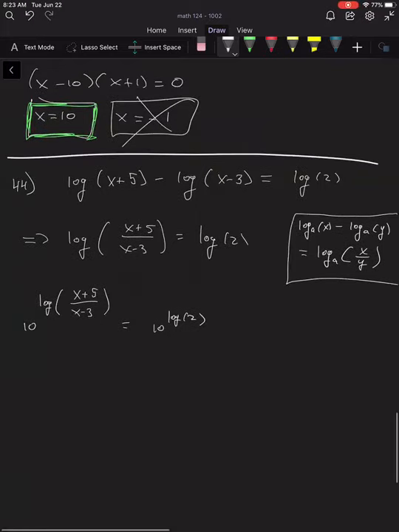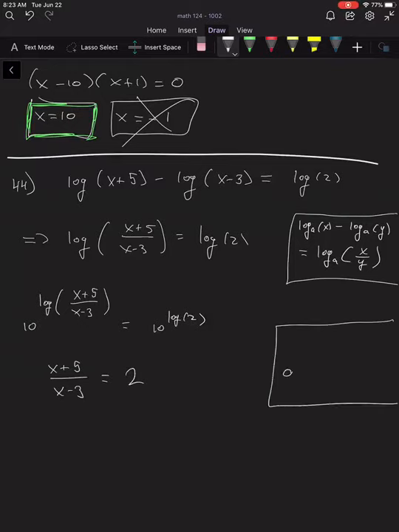Remember, these are log base 10s, which we don't need to write the base 10 because that's assumed when we don't write the base. On the left-hand side, that 10 and the log cancel, so we just have x plus 5 over x minus 3. And on the right, the same thing happens. The 10 and the log cancel, and we just have 2. Again, this is the property that we're using: a to the log base a of x is just equal to x. And this x is a placeholder, meaning anything on the inside of the log just goes right here.